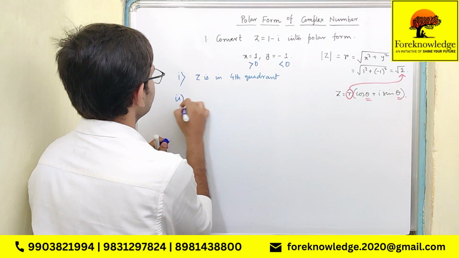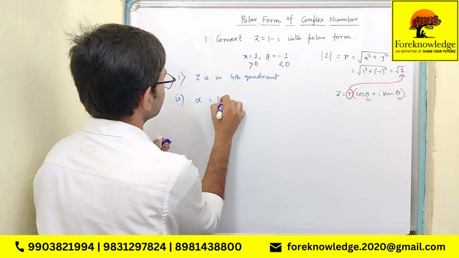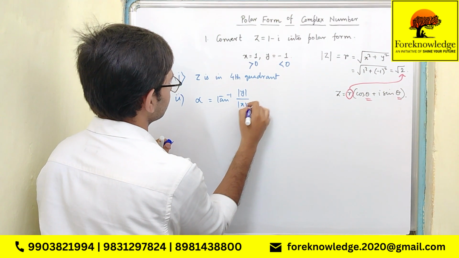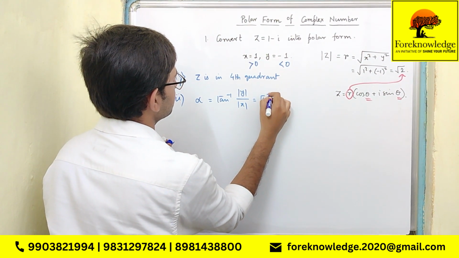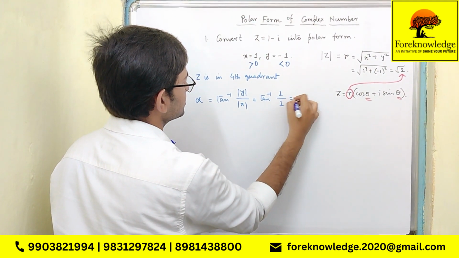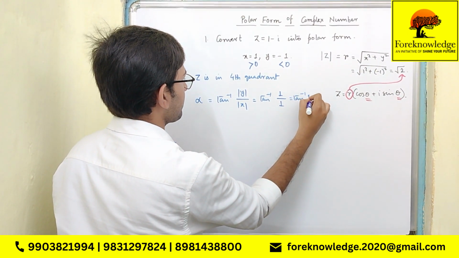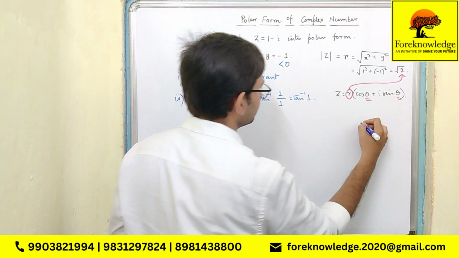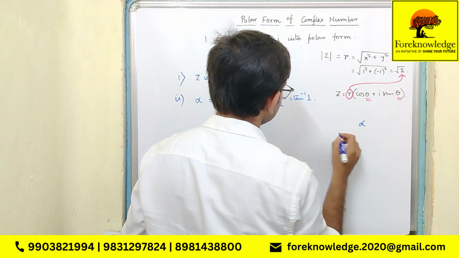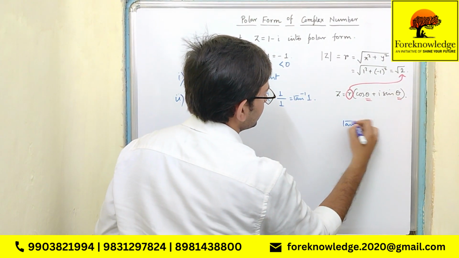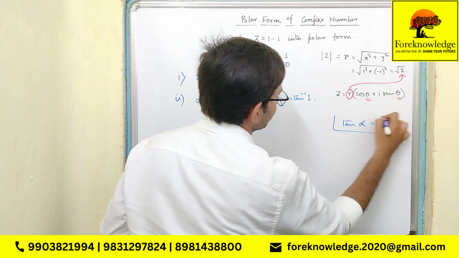Second step, we need to calculate alpha. Alpha equal to tan inverse mod y by mod x. So tan inverse of mod of minus 1, that is 1 by 1, so tan inverse 1.